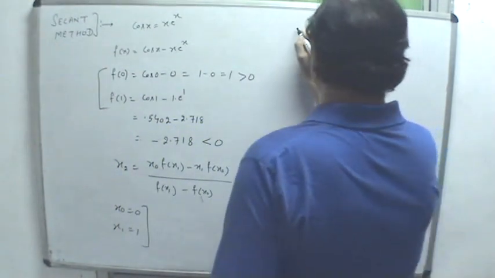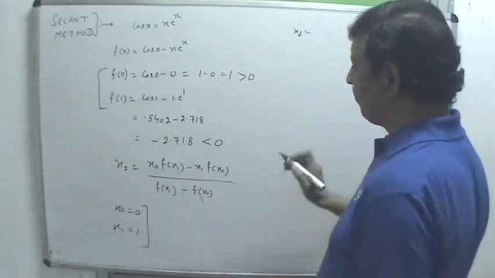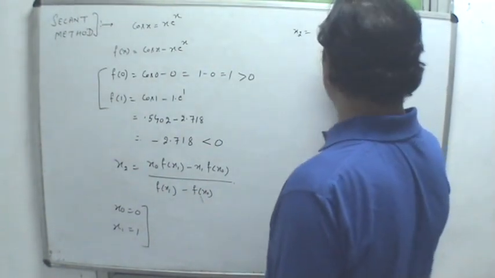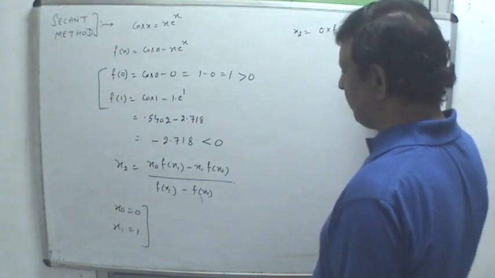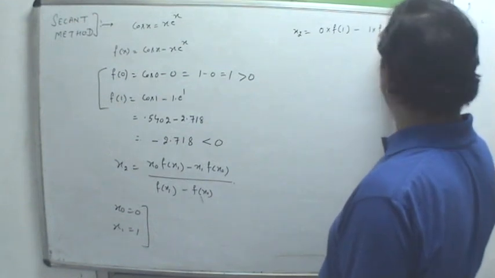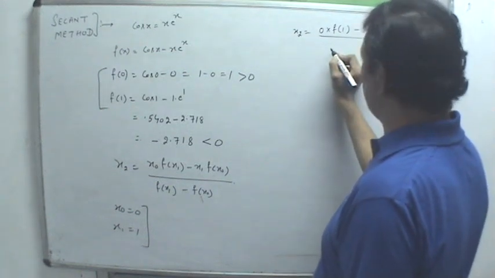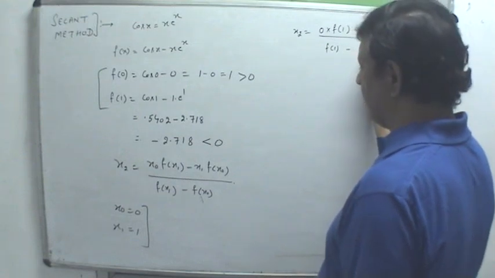Then what is x2? We put all these values here: x0 equal to 0, into f of x1, f of 1, minus x1 into f of 0, divided by f of x1, f of 1, minus f of x0.